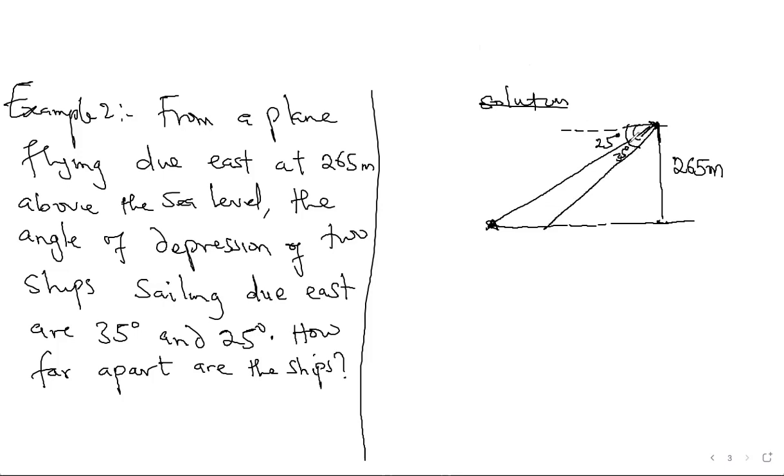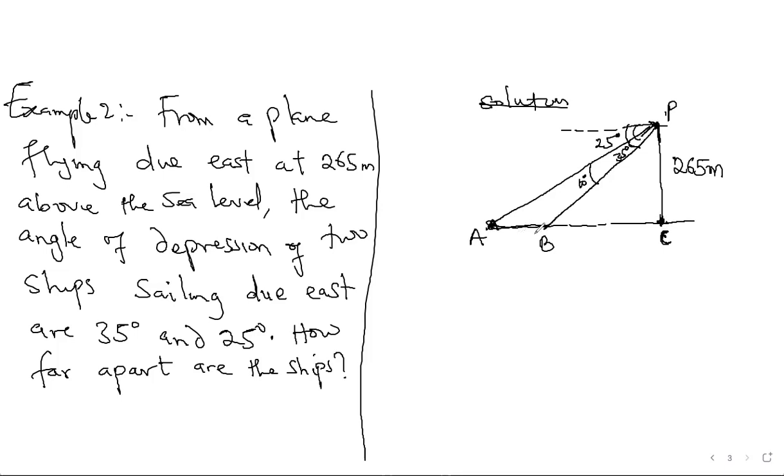So which means this angle here is 10 degrees. I don't think that's important. So this is ship 1, if I call that A, and if I call this B, so this is the base, let's say this is the plane, P is directly below the plane, let's call that C, for example.